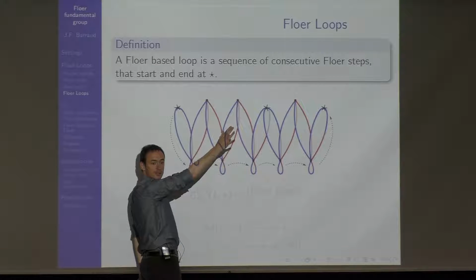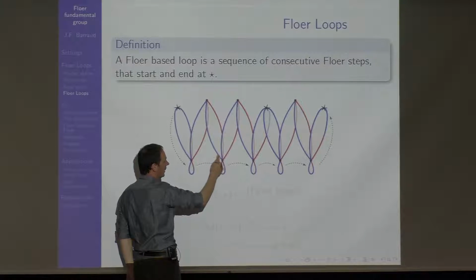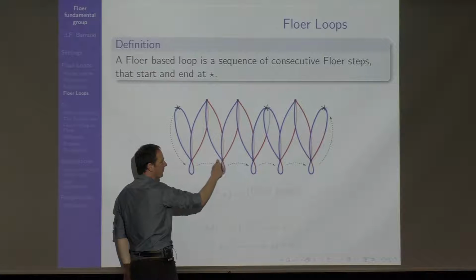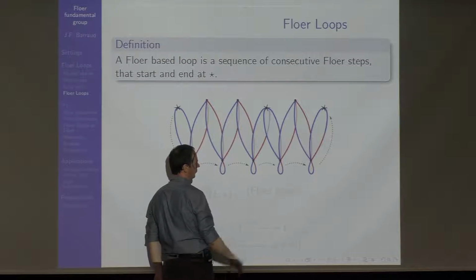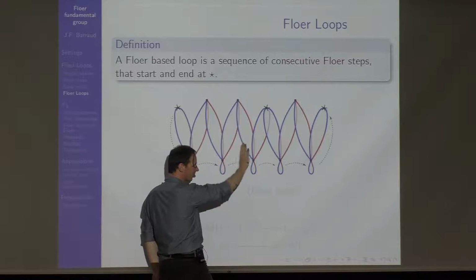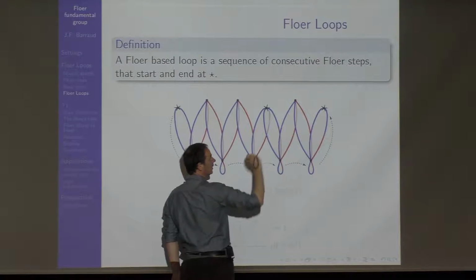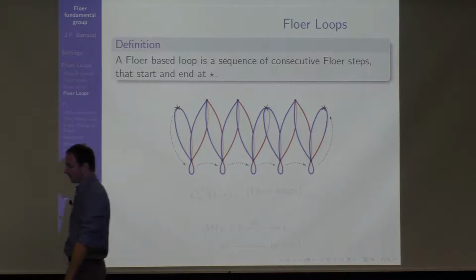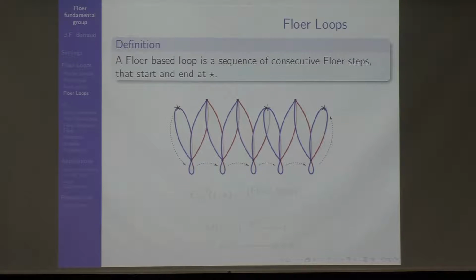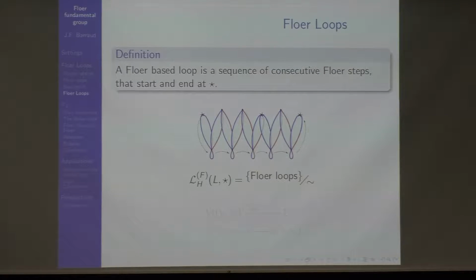It's not correlated to what I had before. The only thing is that I keep this augmentation, but this strip is new. But now when I glue there, I can get a one parameter family of trajectories and so on. And maybe there are steps through the base point. I can avoid them at the moment. Okay, this is the definition of a Floer loop.